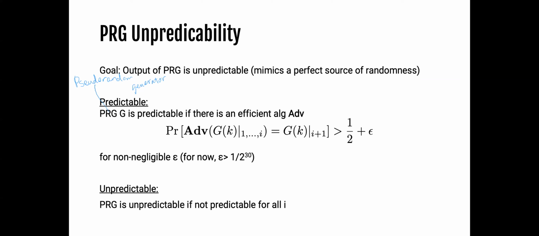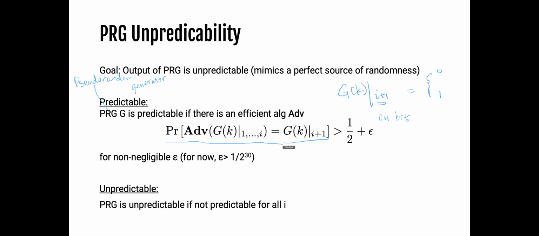So if there is an algorithm ADV that is able to predict a future generated value from the pseudo-random generator with probability greater than 1/2, this means that at a particular time the generator is going to generate a bit, the I plus 1 bit. It has only two possible values because it's a bit: either 0 or 1.